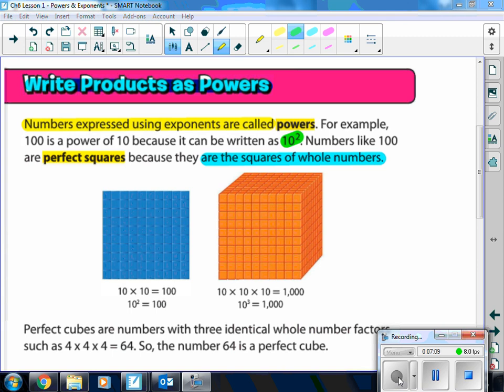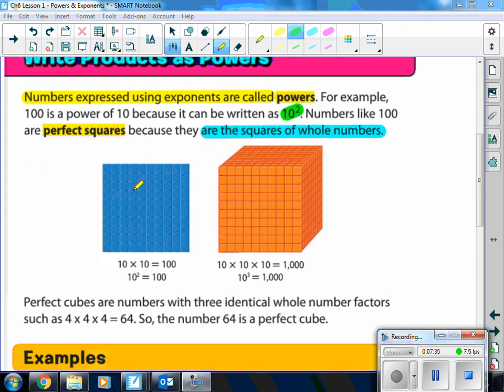Yes? 12 times 12 is 144. So 144 is the perfect square, not 12. You see that? All right. 49, good. 100, good. Did we say 81 already?